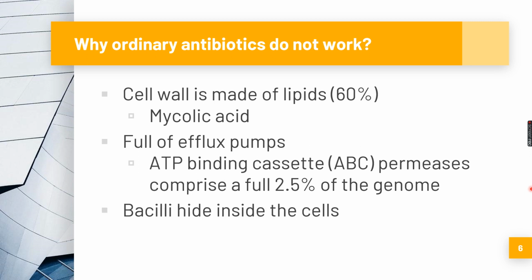Not only that, bacilli usually are intracellular, especially inside the macrophages, so it is difficult to target them. And antibiotics usually work on dividing cells better, and since Mycobacterium tuberculosis has a very slow growth, we need antibiotics which can act on non-dividing cells also.